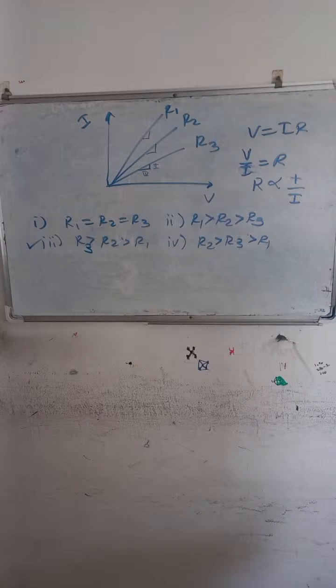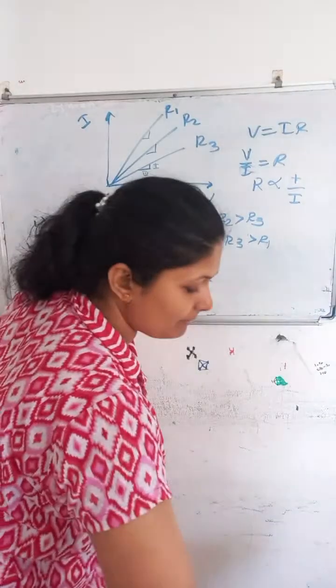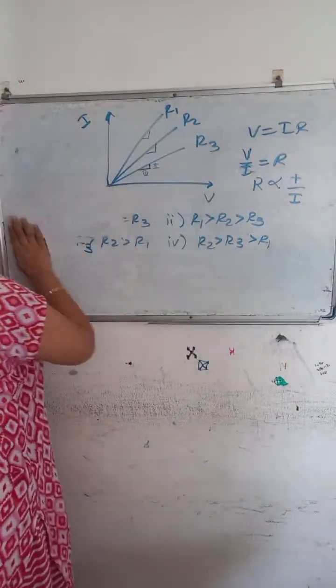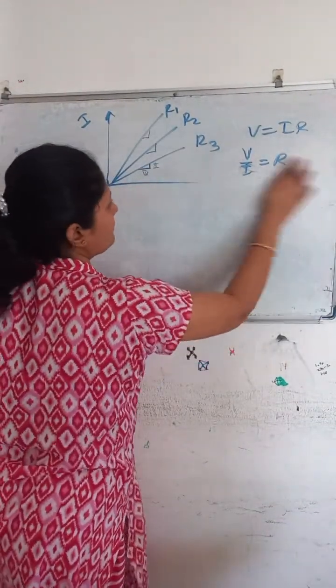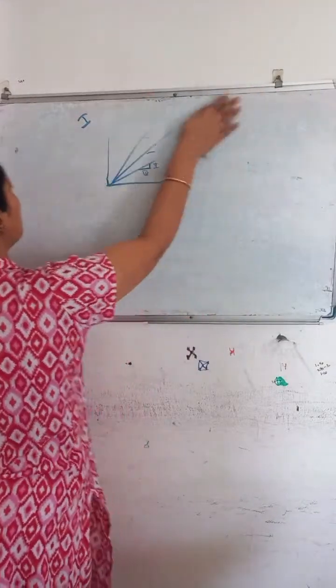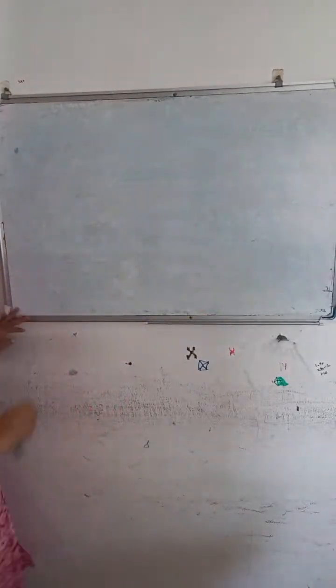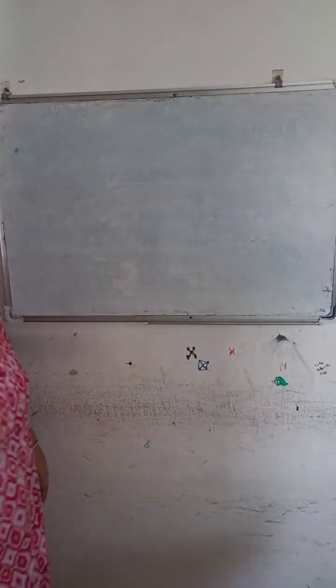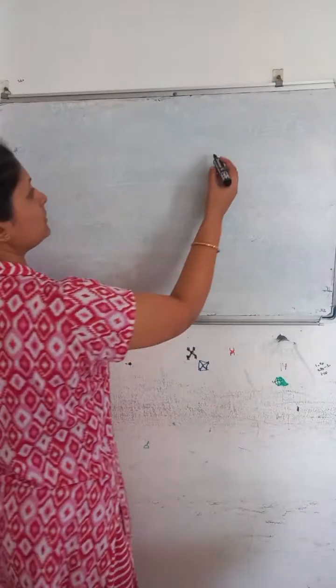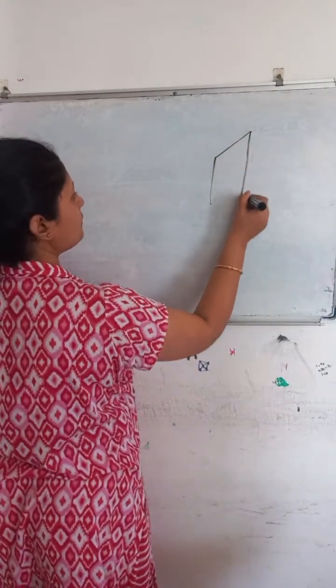Okay. So what do you mean by closest approach? Whenever we are performing the alpha particle experiment, we are bombarding a number of particles on the metal sheet. Suppose we have a gold foil.